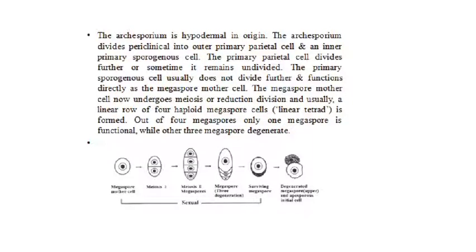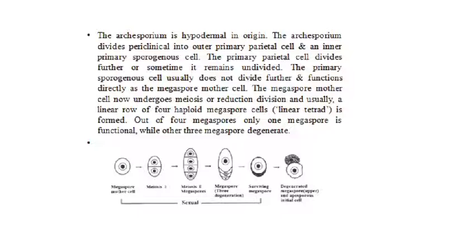The archisporium divides periclinally into outer primary parietal cell and inner primary sporogenous cell. The primary parietal cell divides further, or sometimes it remains undivided. The primary sporogenous cell usually does not divide further and functions directly as the megaspore mother cell.